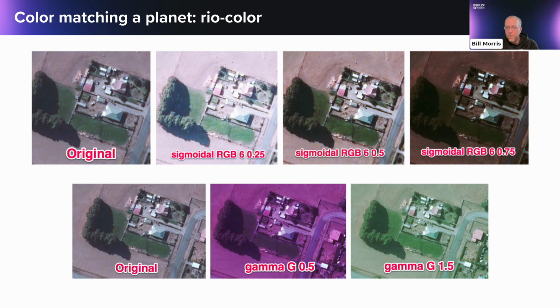Some of the members of the Mapbox Satellite team years back developed a series of color adjustment tools, which allow us to get in there and really move things around and tune until we have what we think is the appropriate balance. This is still an open source tool set. If folks are interested in using it, it's called Rio Color.